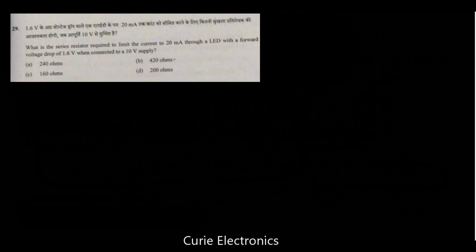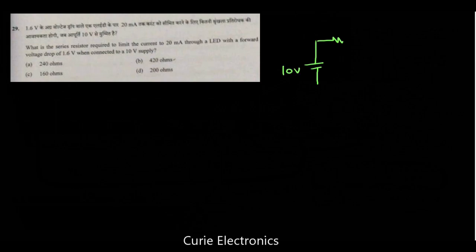What is the series resistor required to limit the current to 20 milliamps through a LED with voltage drop of 1.6 volt when connected to a 10 volt supply? So we have a supply of 10 volt.